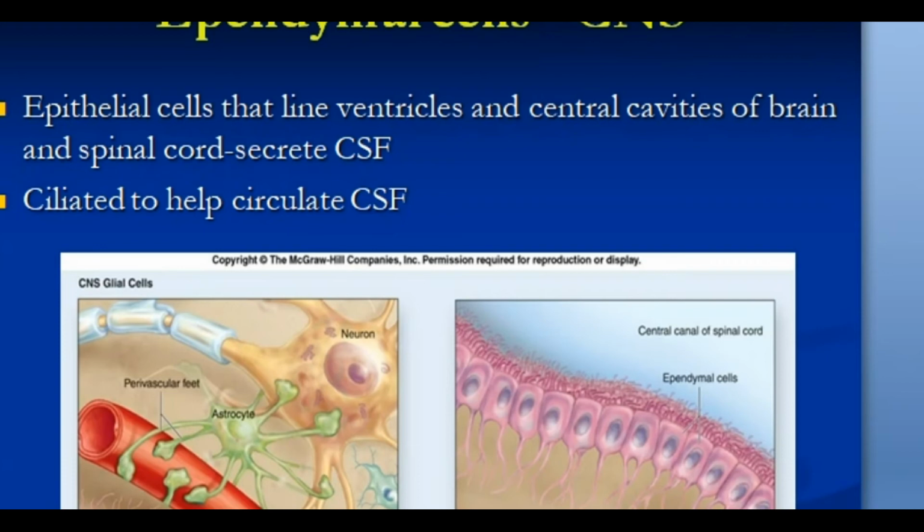Cilia of the apical surface circulate cerebrospinal fluid around the central nervous system. The apical surfaces are also covered with microvilli, which absorb cerebrospinal fluid. Ependymal cells are CSF production cells.